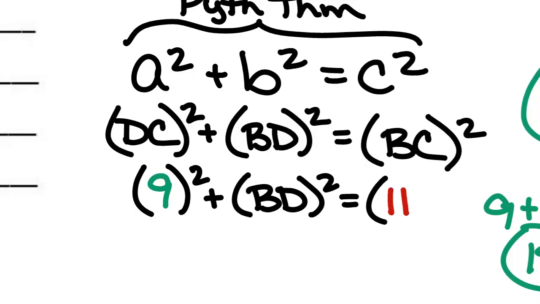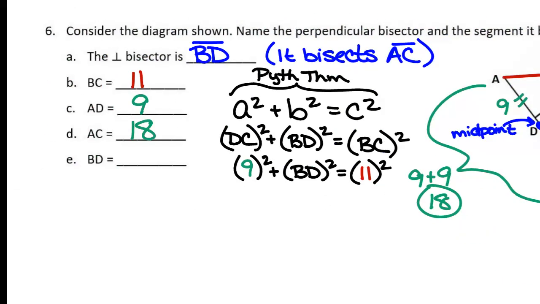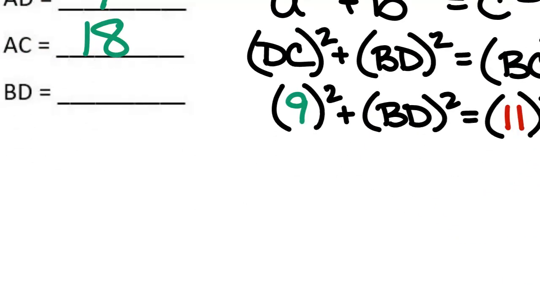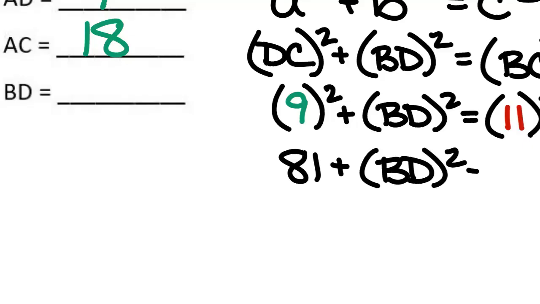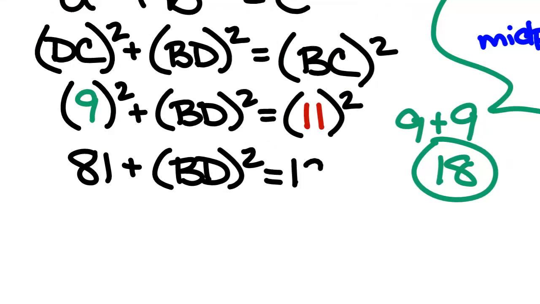So I have 9 squared plus BD squared equals 11 squared. What is 9 squared? 81. So 81 plus BD squared equals, what's 11 squared? 121.